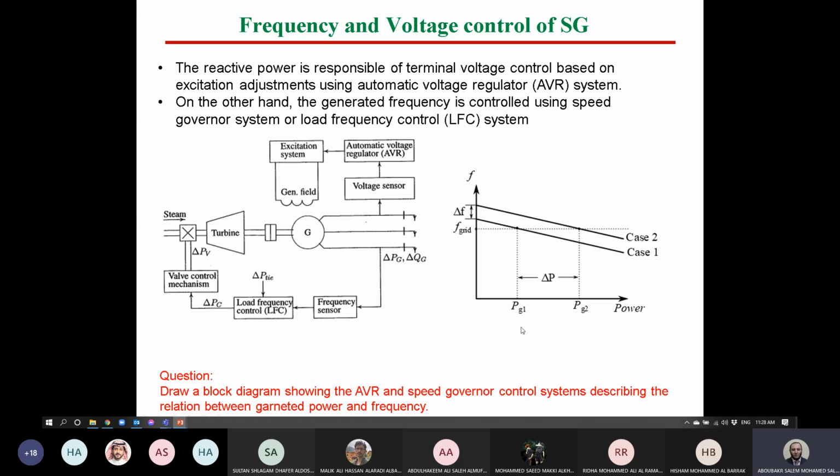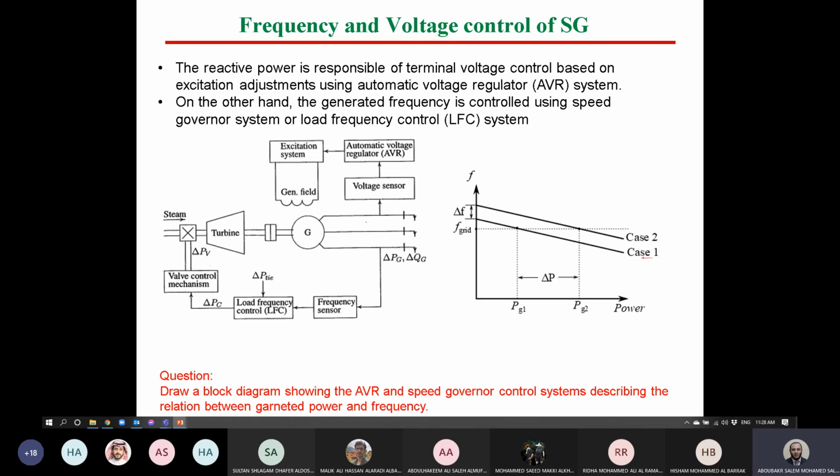Assume that we have case number 1 where the generator is delivering PG1 at the grid frequency. If a delta P is demanded from this generator, this means that at PG2, which is the new value of needed power, the frequency will be reduced to this value. This is case number 1, or this is the governor curve.